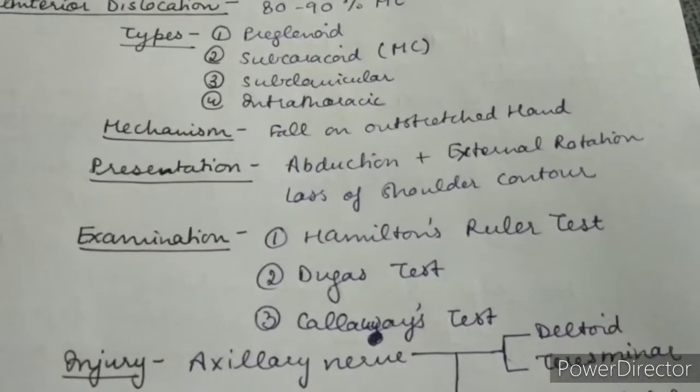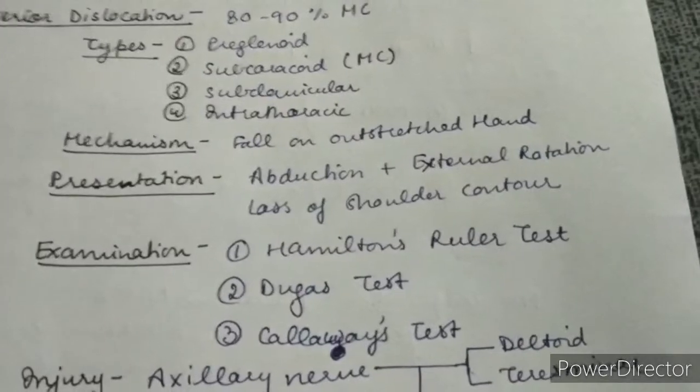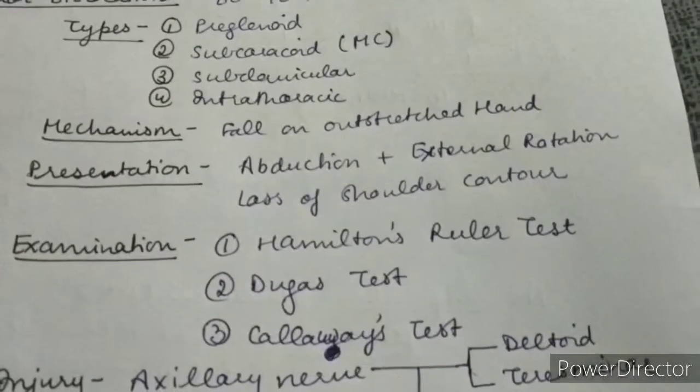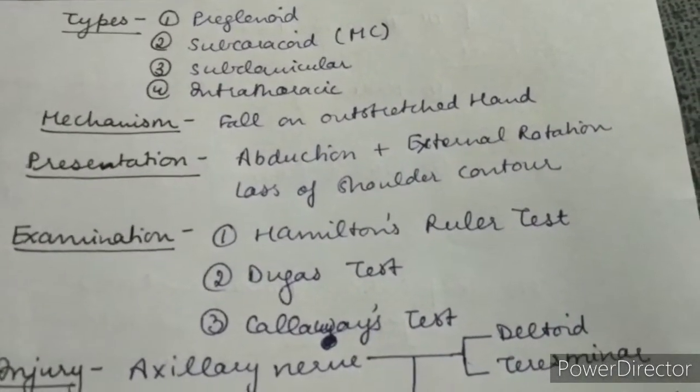Then we come on to examination. In examination you do three tests. One is Hamilton's ruler test, the other is Dugas test and the third is Callaway's test.